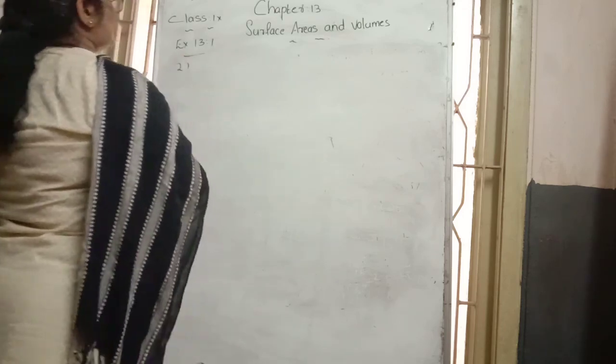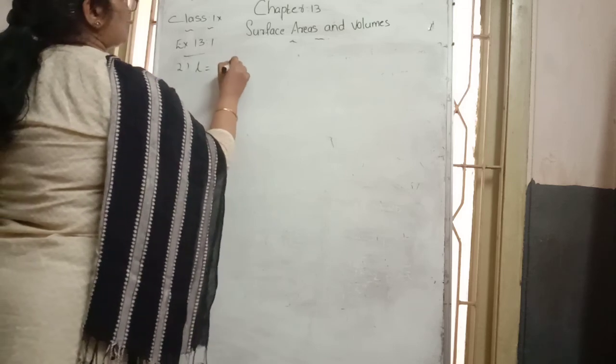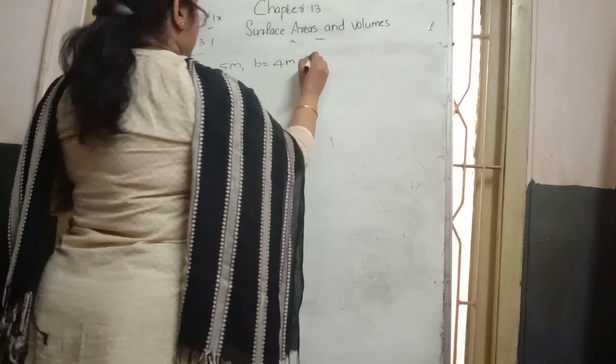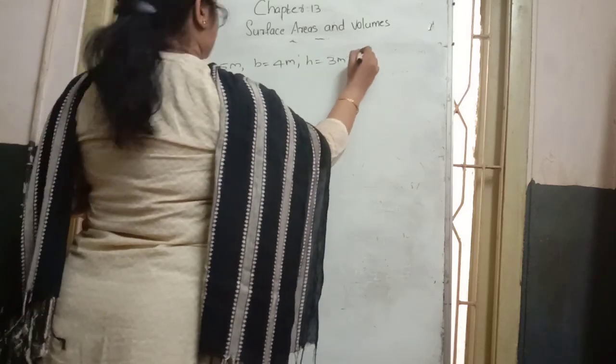Second question: the length of the room is given as 5 meter, the breadth of the room as 4 meter, and the height of the room as 3 meter.